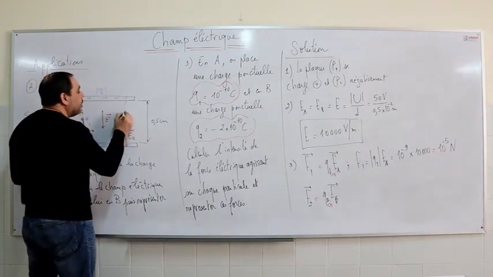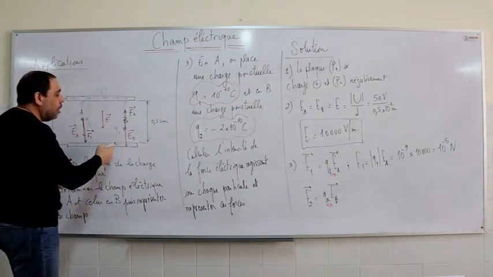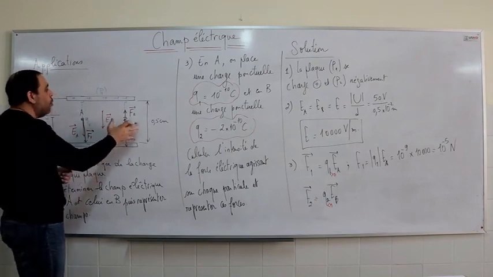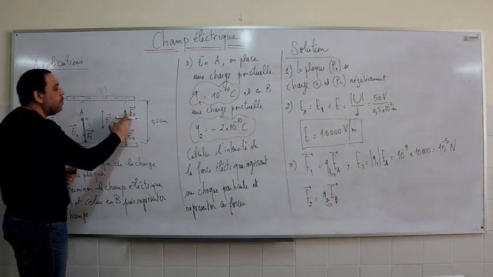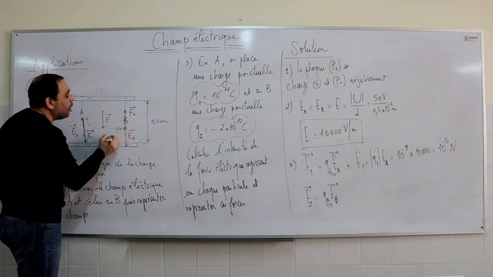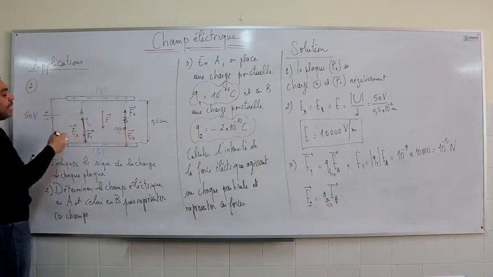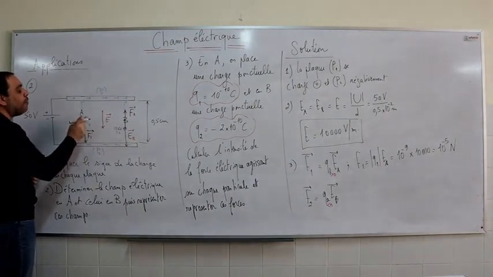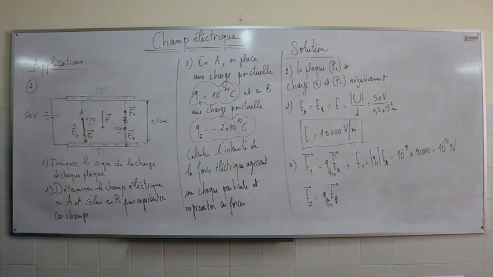F2 is directed like this. The particle Q2, when placed in the electric field between the plates, will be subjected to an electric force F2 opposite to the field, since Q2 is negative. But Q1, when placed in the field between the plates, is subjected to a force F1 having the same direction as the field, since Q1 is positive.